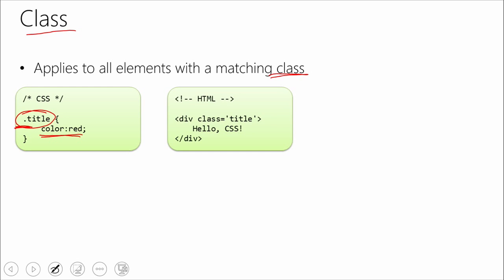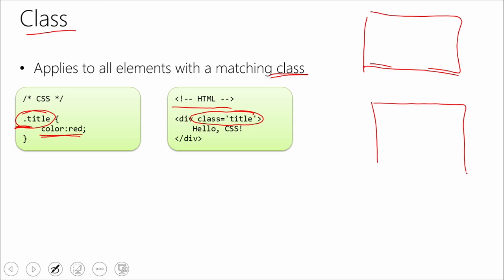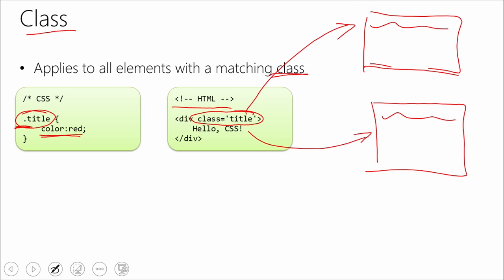The second part is going to be inside of the HTML, and you'll notice right there that we've got class equals title. Now the great advantage to a class here is that classes are reusable. So it's possible that maybe this title is going to be for different sidebars. So I've got a sidebar here, I've got a sidebar over here, I want a title up top, I want a title up top. So I can go in and reuse that in multiple places.